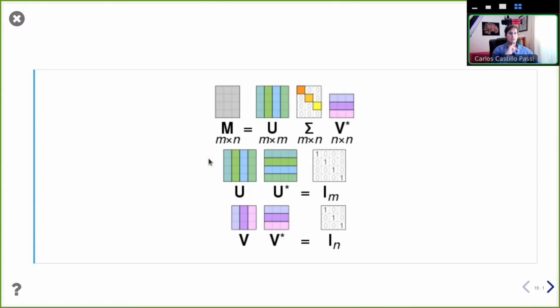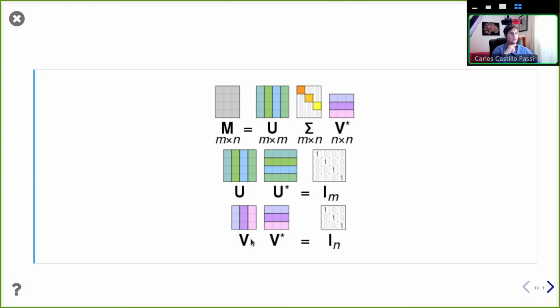The main characteristic of U and V is that when you multiply U and U transpose, you get the identity matrix of size M. That means that the transpose of this matrix U is the inverse of U, the same way that the rotation matrix had an inverse that was the same as the transpose.